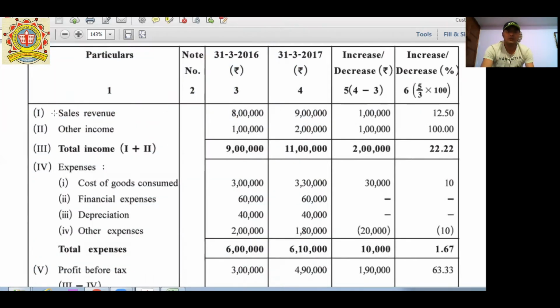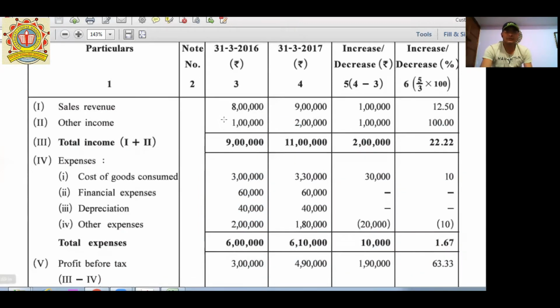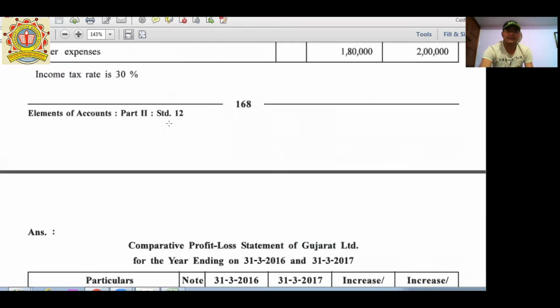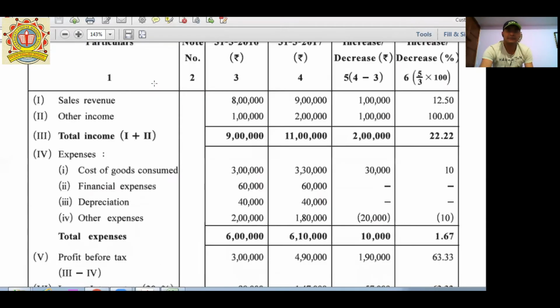First of all we do the total of all the incomes, then the total of all the expenses up to the 4th column. Total expense is 6 lakh and 6 lakh 10,000. Then profit before tax means income minus expense, and it comes to 3 lakh rupees and 4 lakh 90,000. The tax rate given in the question is 30%.